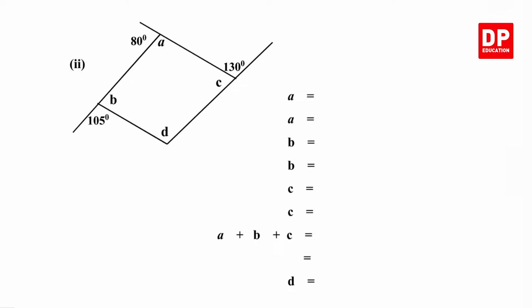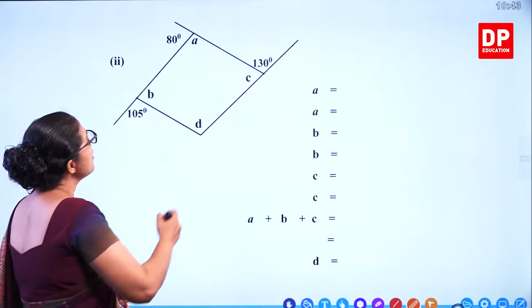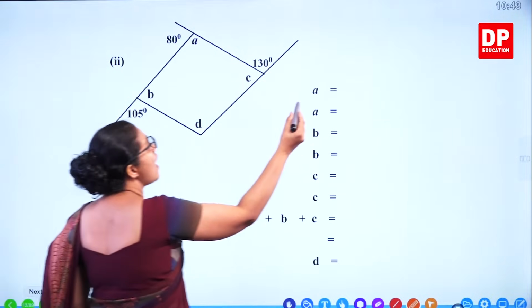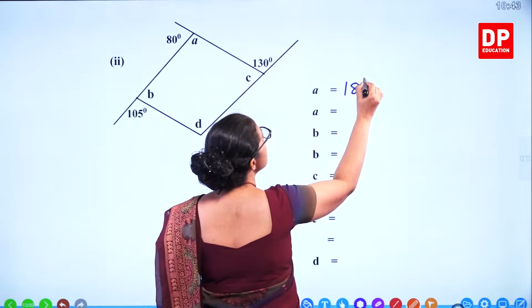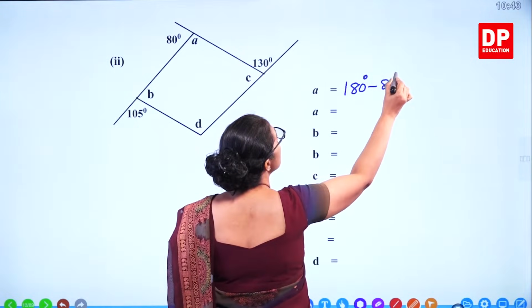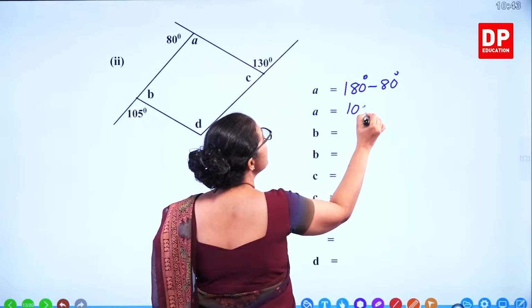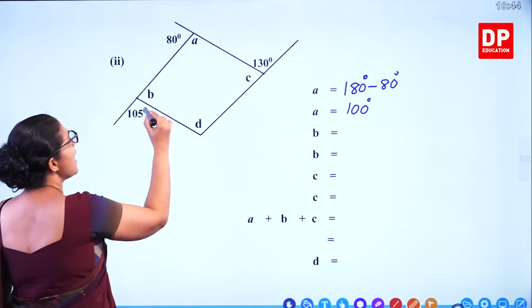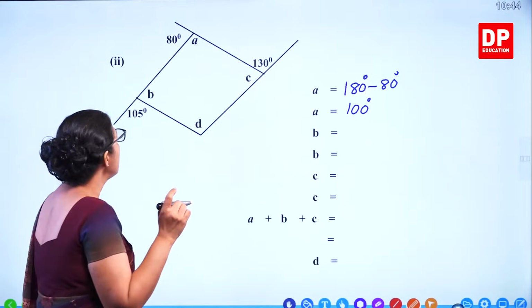Look at this one. How do you find A? Can you see this is a straight line? So A you can find: 180 minus 80. That's 100 degrees. B is this angle, 180 minus 105.